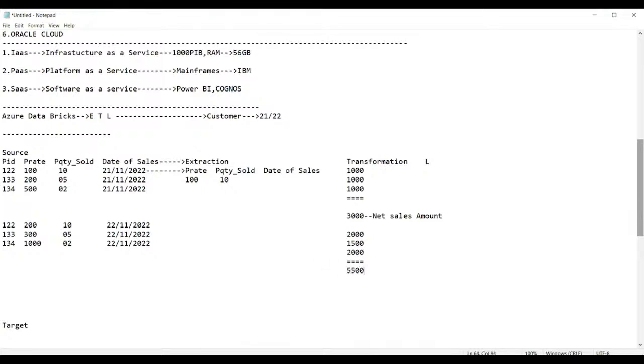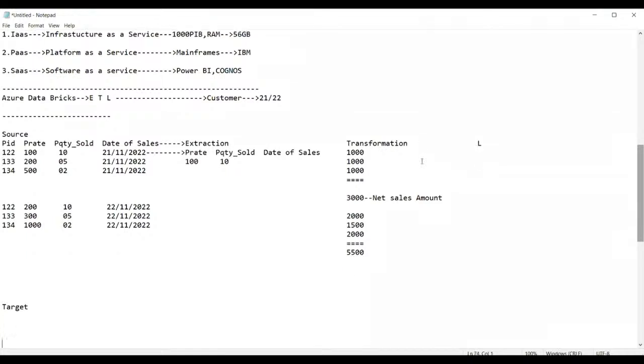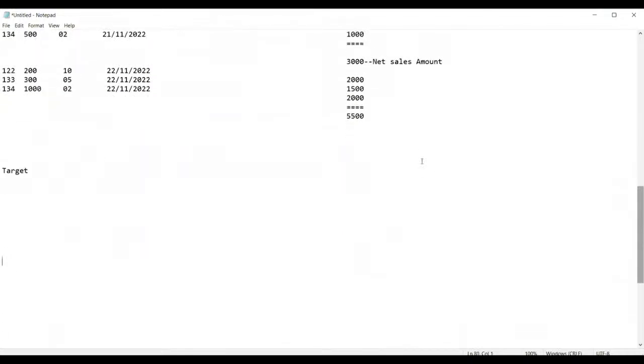Now, guys, this is the net sales amount. This process is called the transformation process. It's done now. Finally, you will be loading the data into the target. I will load the data like this.